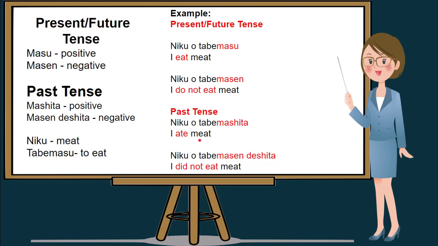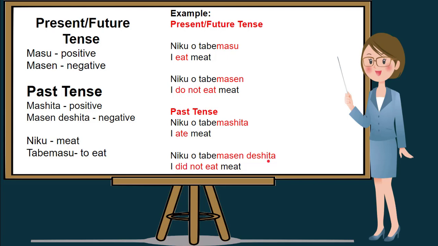Let's try to make this sentence negative past tense. In this sentence, we use masen deshita, which makes it a negative past tense. So, tabemasen deshita means did not eat in English. Let's read this sentence. Niku o tabemasen deshita.